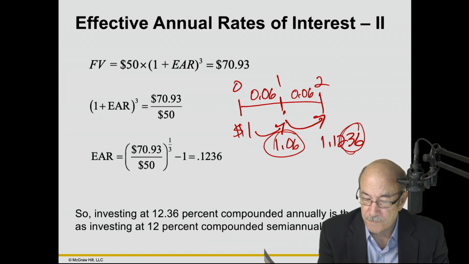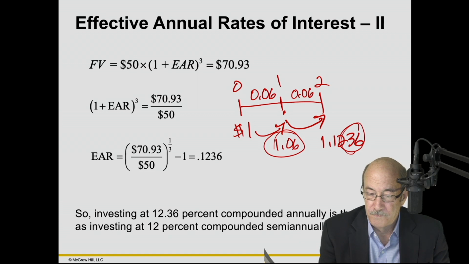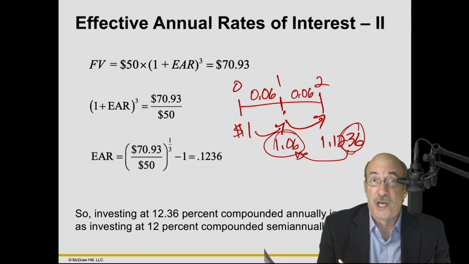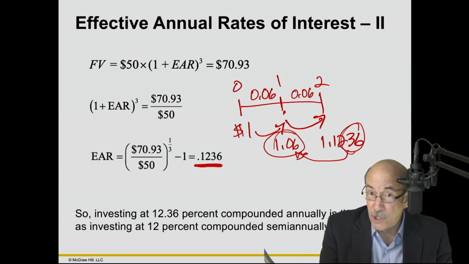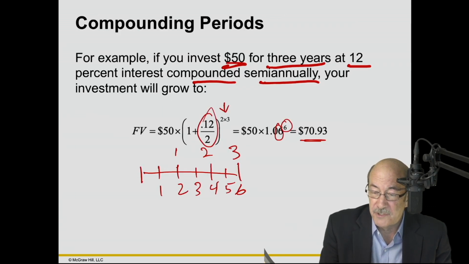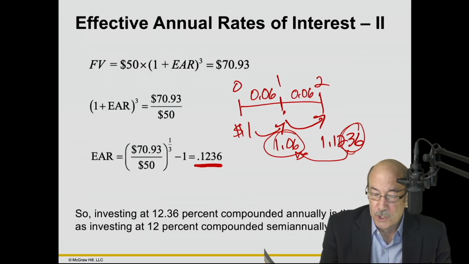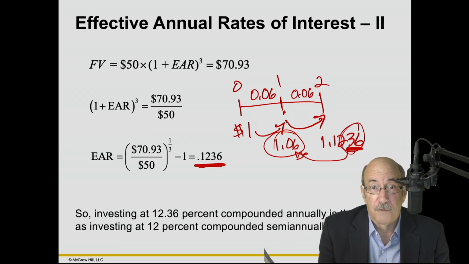That extra 0.36 cents is because we're earning interest on the interest we earned in that first 6-month period. That's why this effective annual rate, even though the nominal rate, remember, we started out at 12%, is now a little over 12 1/3%.